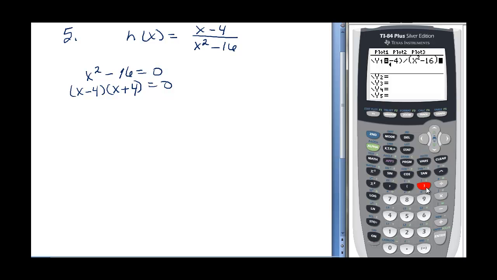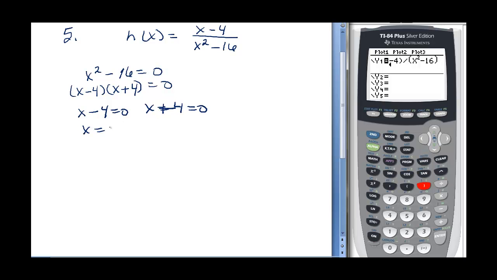And again, based on our algebra, we would expect to have asymptotes at 4 and negative 4. So let's see what our graph looks like.